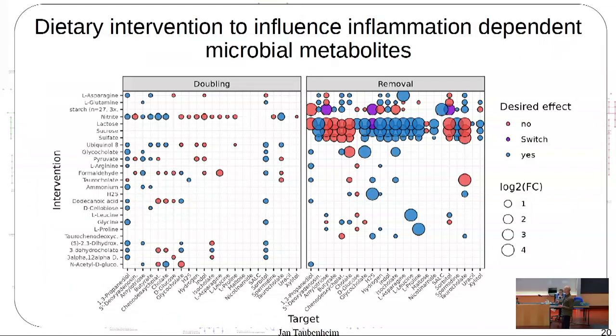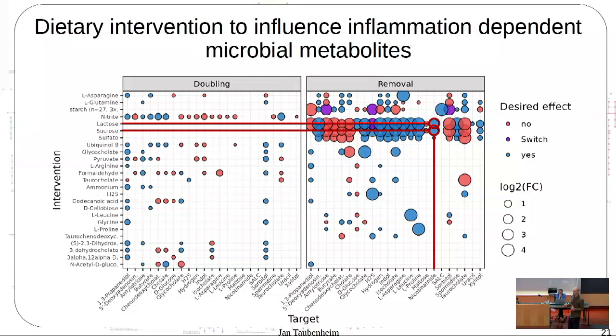Finally, we wanted to see whether we can alleviate these metabolic functions in the microbes. And what we did is we used our metabolic models and simulated increase or decrease of certain dietary metabolites and see how that affects the production of different metabolites in the microbiome. And if you look real closely, we actually find a way to increase nicotinamide production in the microbiomes from the IBD patients by removing lactose and sucrose.